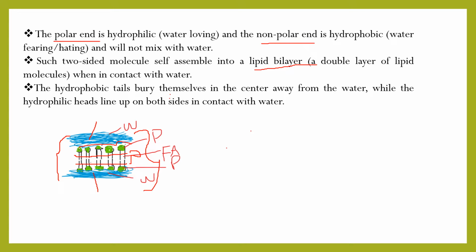This arrangement gives the cell membrane a lipid bilayer arrangement. Therefore, the structure of a cell membrane is mainly determined by the nature of the phospholipid, and the cell membrane structurally looks like a lipid bilayer.